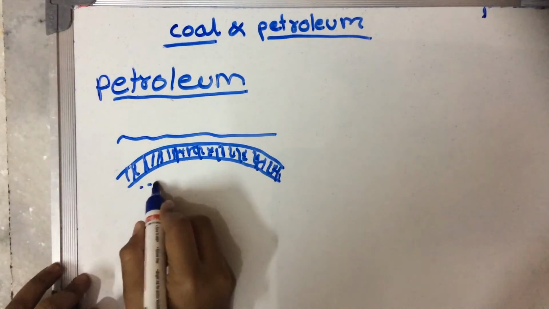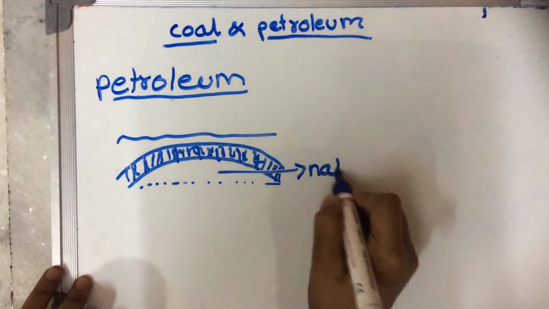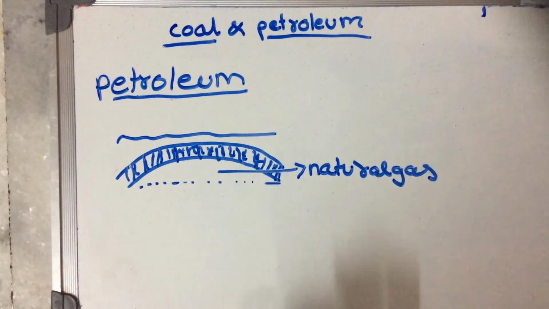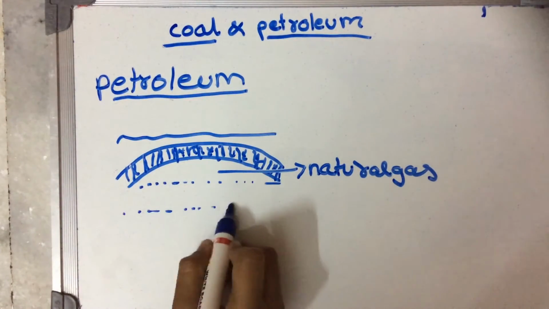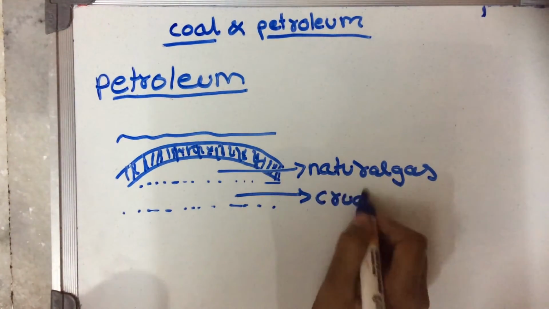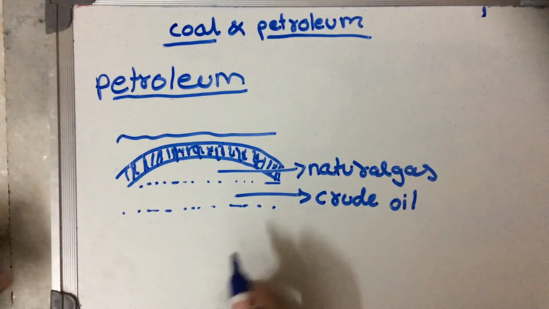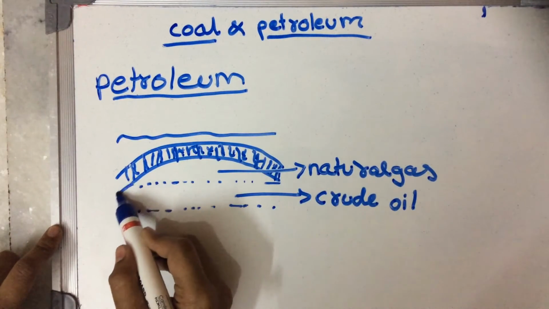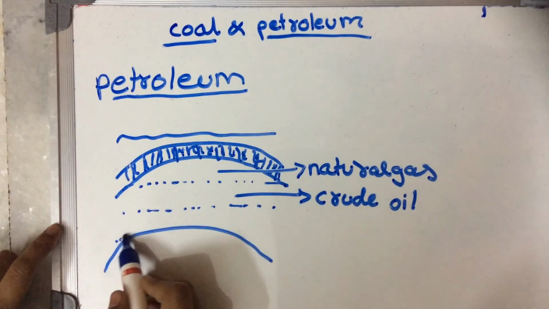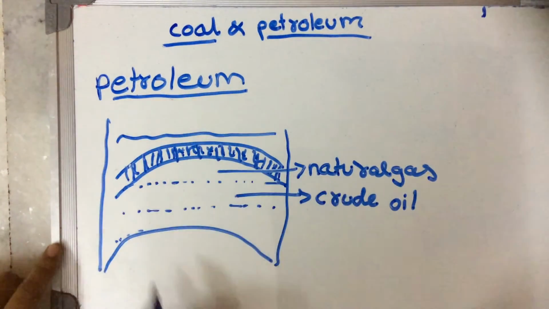And here you will find natural gas, and the next layer will be of crude oil, and beneath the crude oil you will find a layer of water, which is here, and this is the cross section.